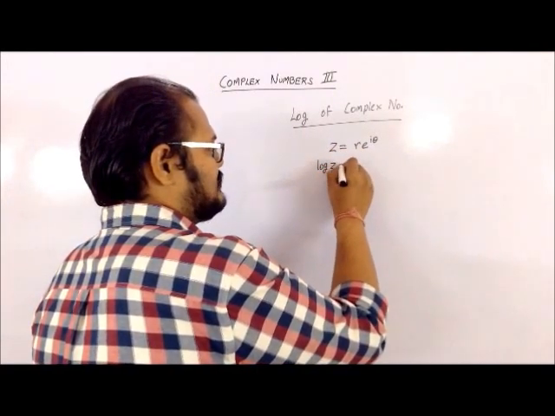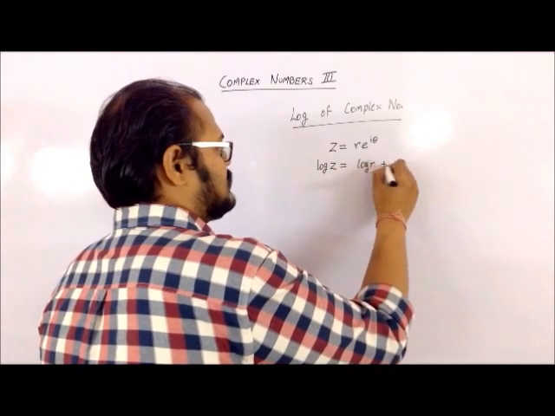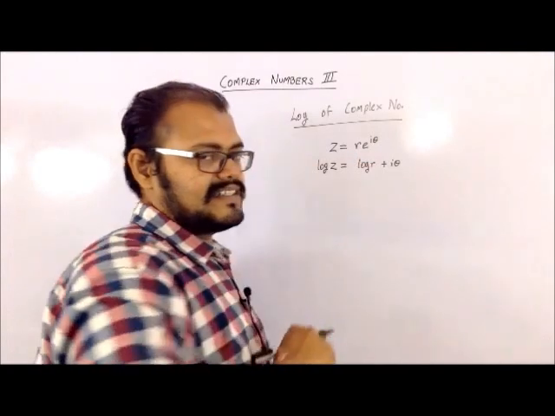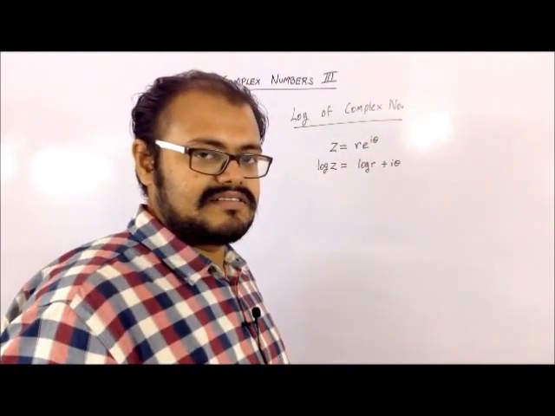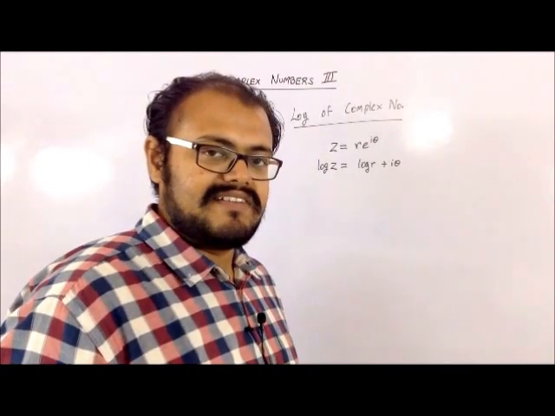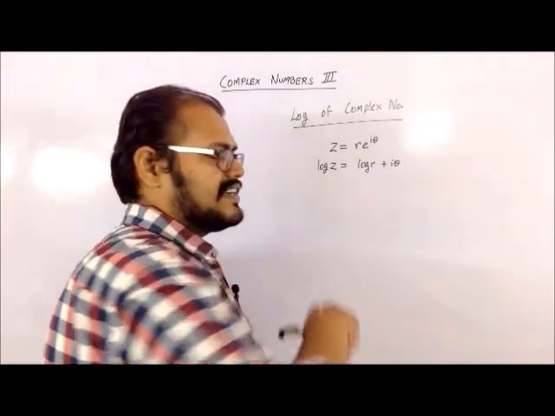So log z will give me log r plus i theta, because it's going to be log of e raised to i theta, which gives me i theta into log e. Now since we are taking natural log, log e will have the value as 1. So I'm having log r plus i theta.